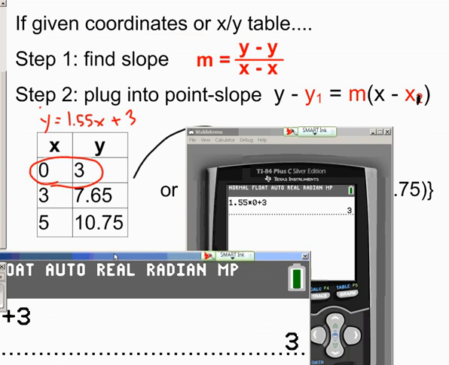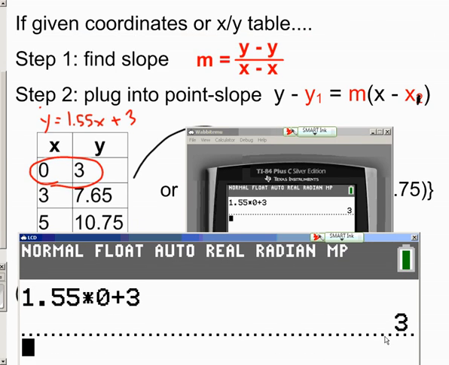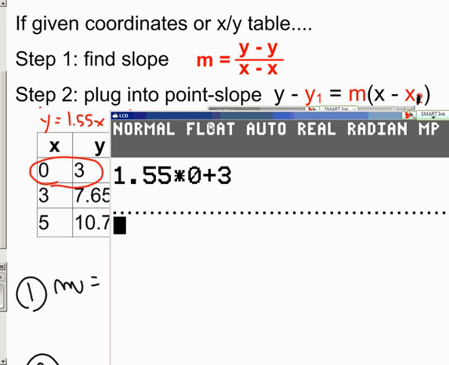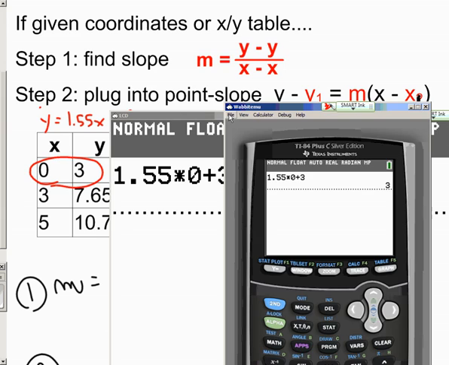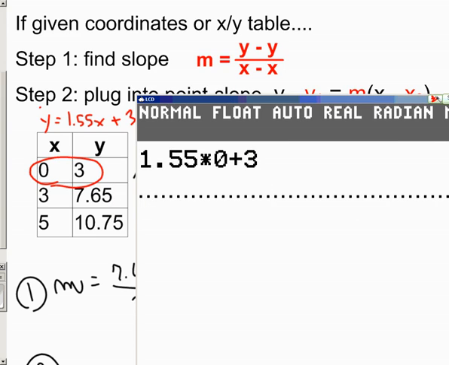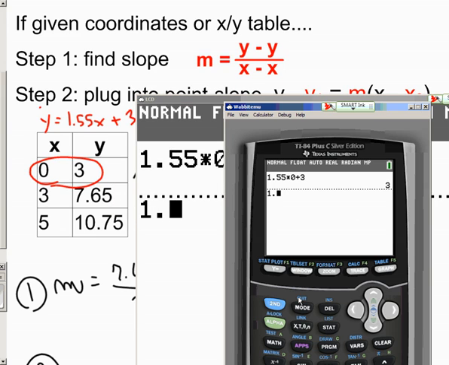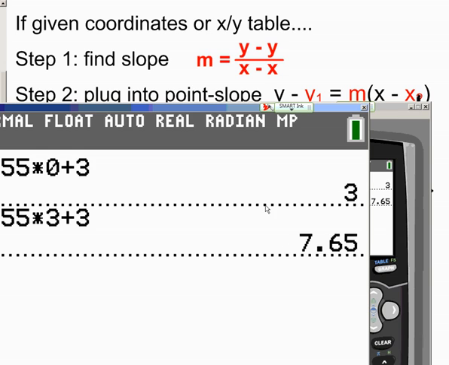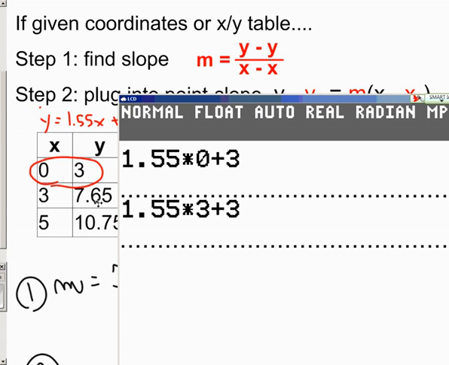Okay, we got that worked out, and as you can see, I got the correct answer of 3 for my output. Now we're just going to go and try that again with 3 for the input, and as you see, this equation will work all the way through. So 1.55 times the x of 3 plus 3, we get 7.65 for the output, which is what we're supposed to get.